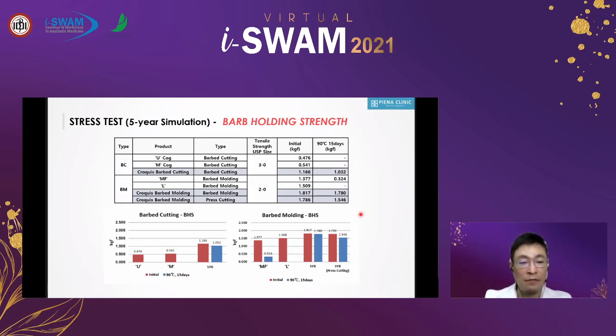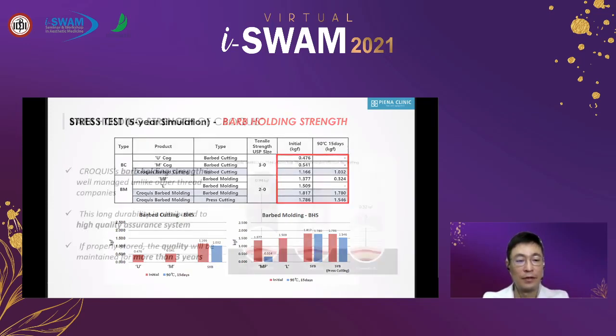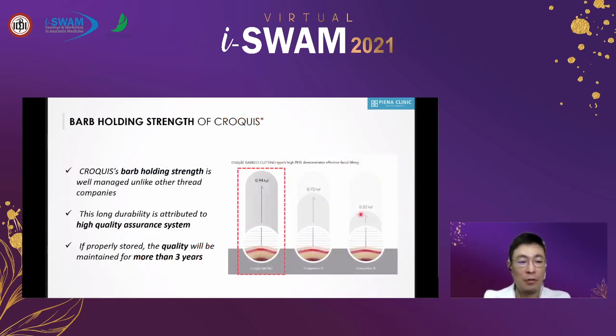As the results of this stress test show, Croquis has excellent durability. Its barb holding strength is well managed by a high quality assurance system from Samyang Company. If properly stored at room temperature, for example, the quality of Croquis will be maintained for more than 3 years.